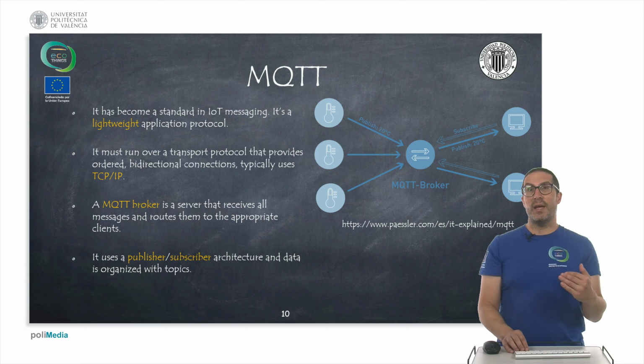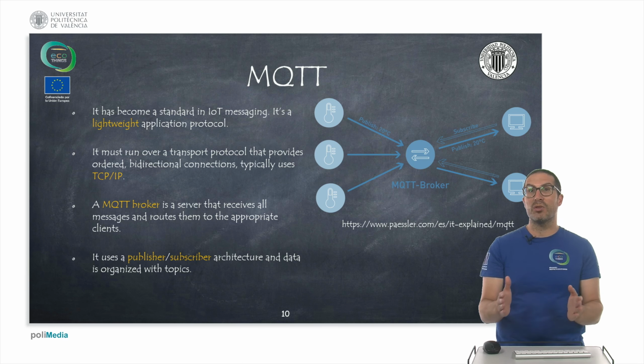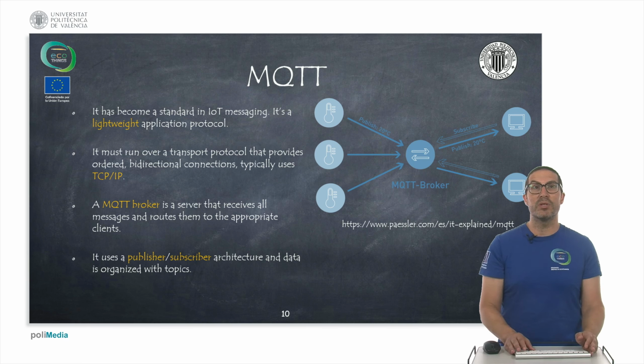Another protocol that is implemented in Ethernet or Wi-Fi applications is MQTT, and it's becoming some kind of standard within IoT messaging, because it's a lightweight application protocol, so it does not require such an amount of data to be transmitted between the client and servers.